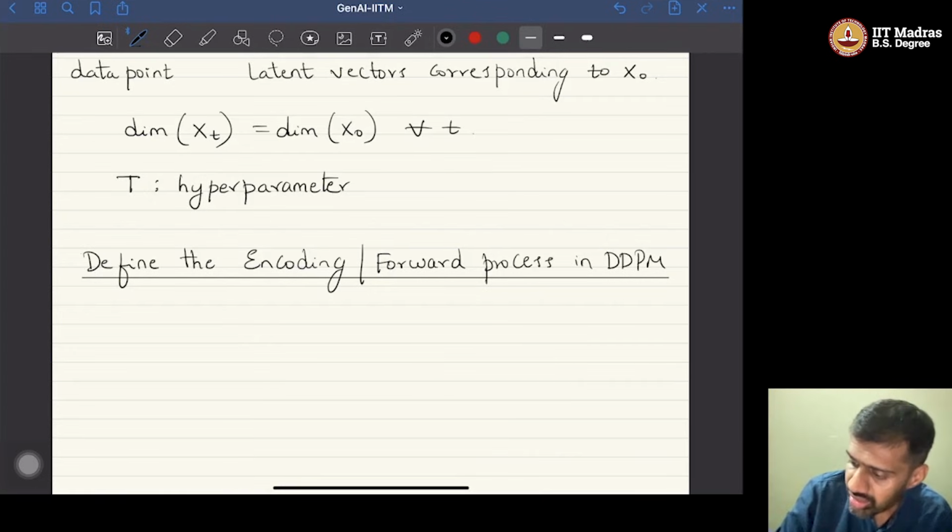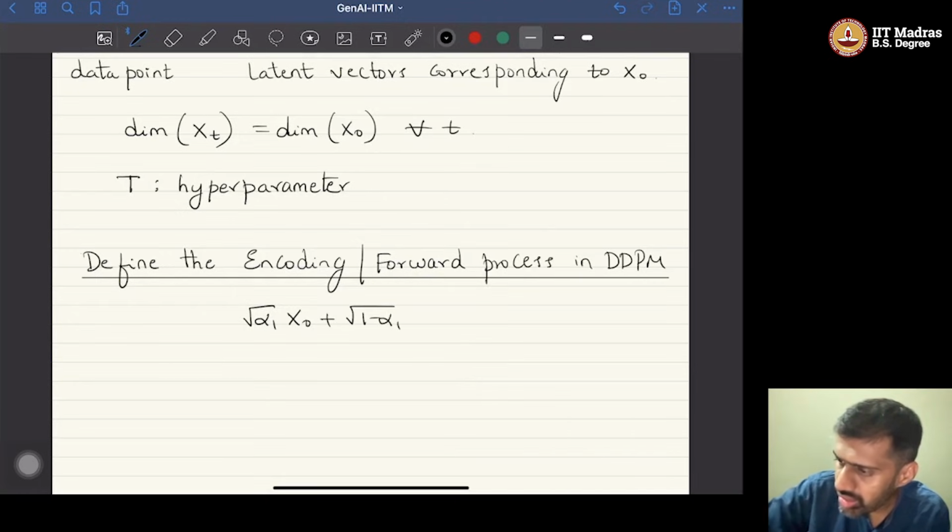So let's say that we have x naught, which is the input data point. Now this input data point is scaled with a scalar which is root of alpha 1, and it is shifted by a scaled version of a sample drawn from an isotropic Gaussian distribution.